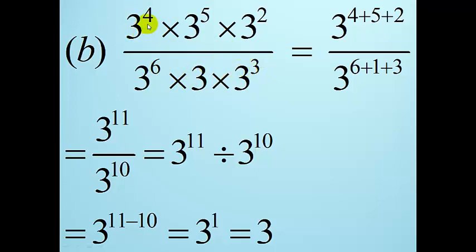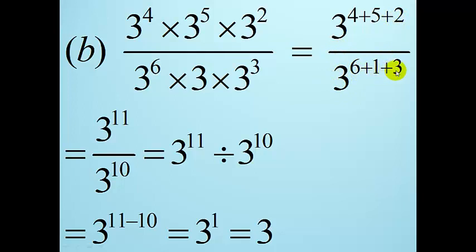This means that the whole expression is equal to 3 raised to the power 4 plus 5 plus 2, divided by 3 raised to the power 6 plus 1 plus 3.